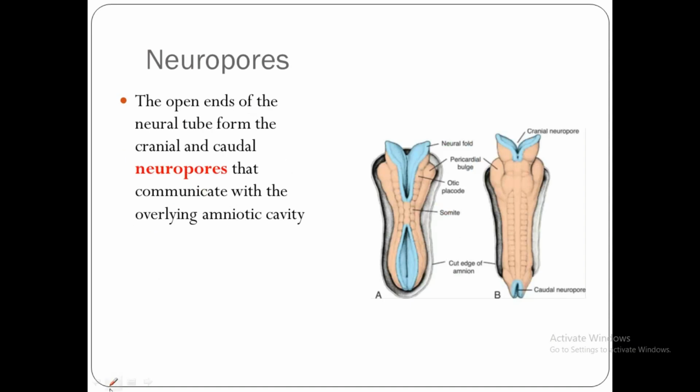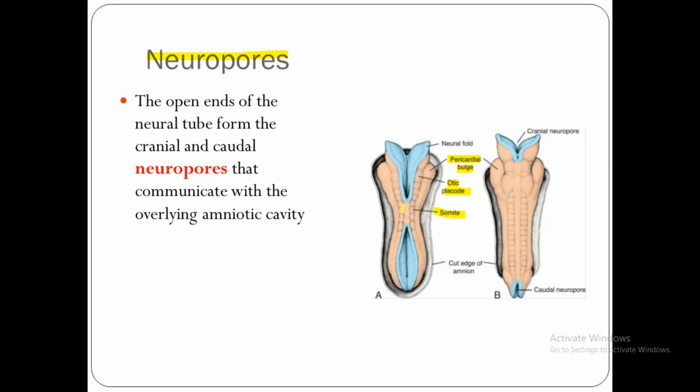So what are the neuropores? These are terms that will come commonly when you talk about the development of nervous system, especially in general embryology. As you see here in the picture, first when the neural fold starts appearing, you can see other surrounding structures in the background, like the pericardial bulge that's related to the development of the heart, otic placodes, and somites for the skeletal muscles.